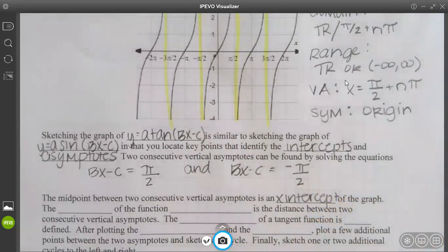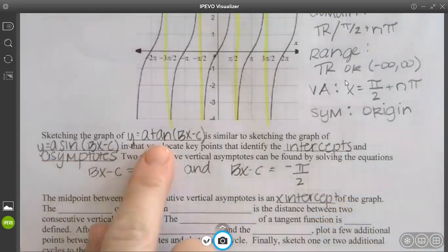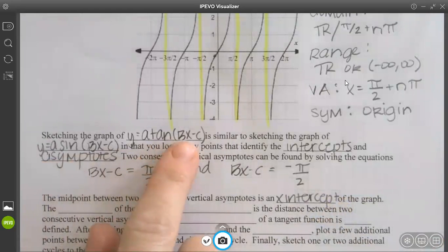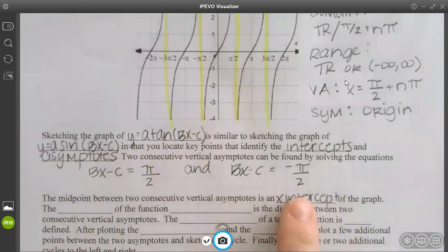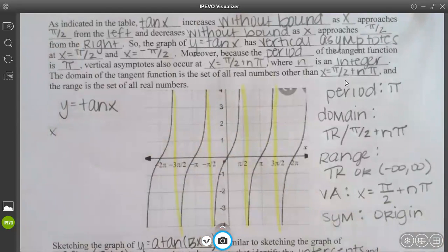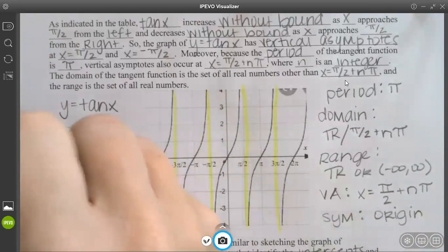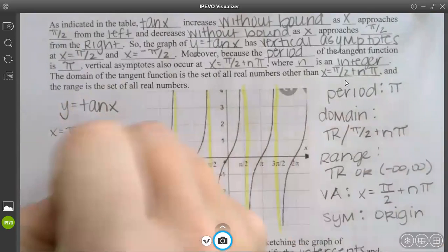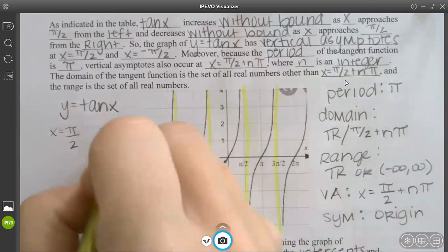So I'm going to go back up to the top and show you with this tangent. If we look right here, it says take the bx minus c. So basically whatever's with that tangent, you're going to set equal to pi over 2 and negative pi over 2. On this one, the only thing with tan is x. That's why you get vertical asymptotes of pi over 2 and negative pi over 2.